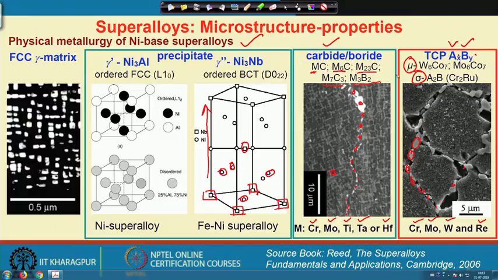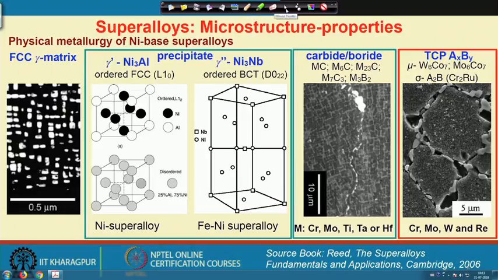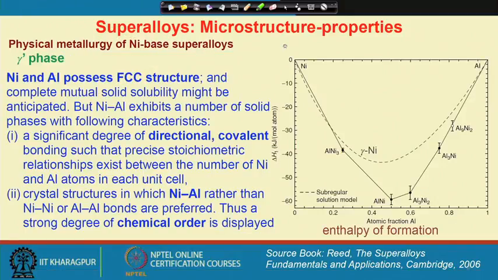So, one should be careful in selecting an alloy composition and proper treatment to avoid the topologically close packed phases, which deteriorate the properties of nickel based superalloys. So, these are the wide range of microstructural constituents that are possible in nickel based superalloys.